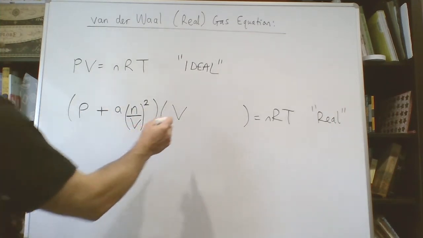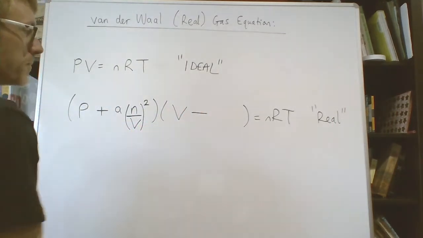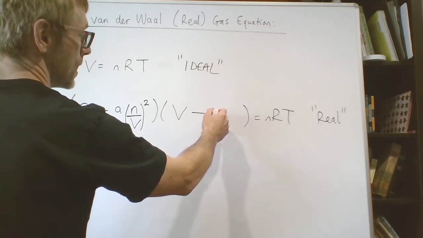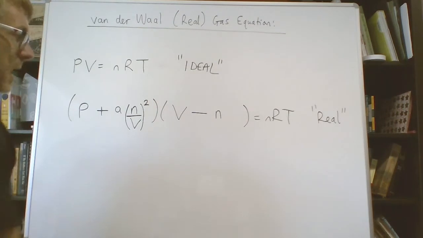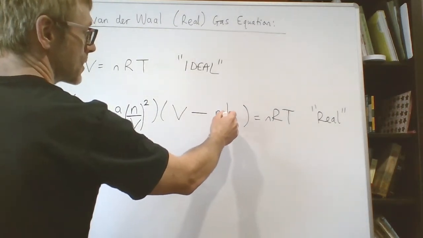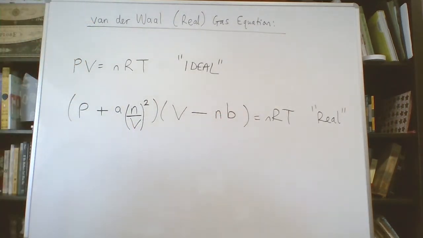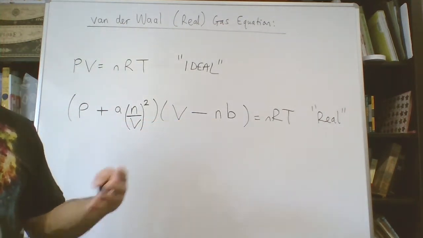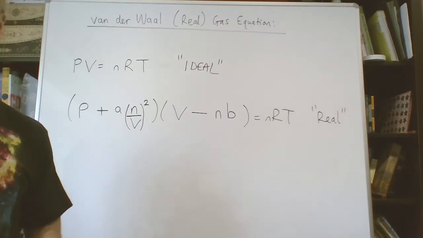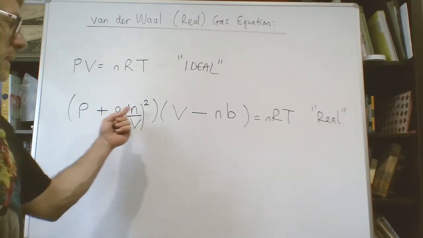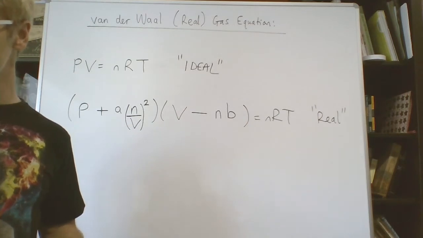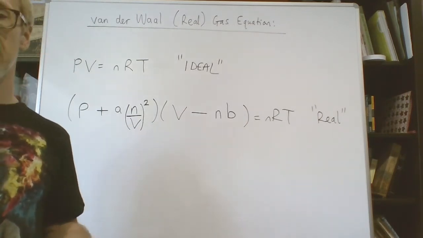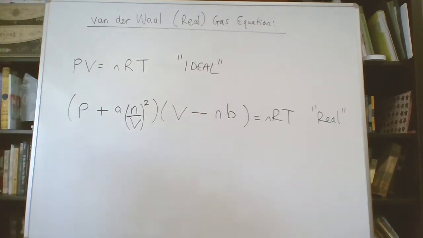The volume has a negative correction, and it's proportional to moles of gas, N, and another constant of proportionality, B, where A and B are constants. They're specific to a certain gas, and typically the values of A and B will be provided to you in any assessment. You wouldn't have to know these values a priori.